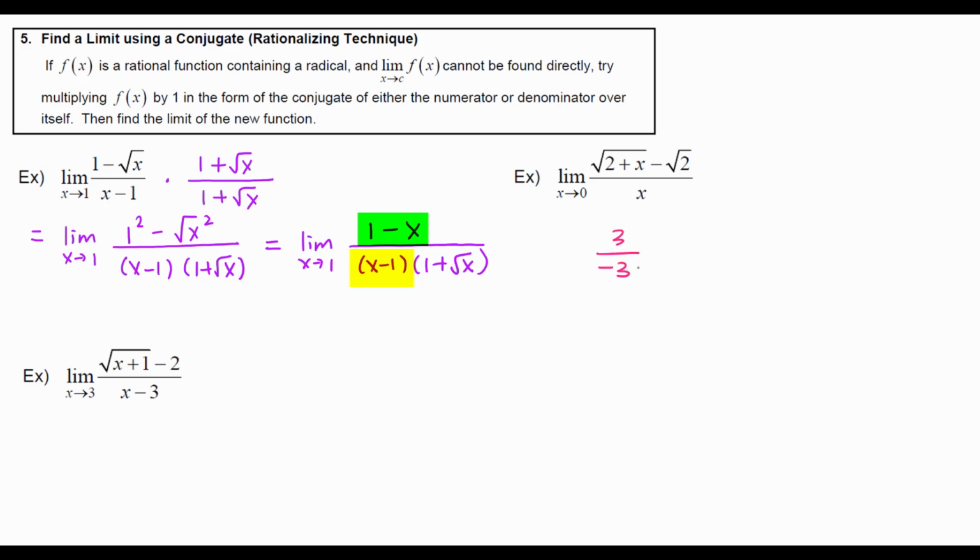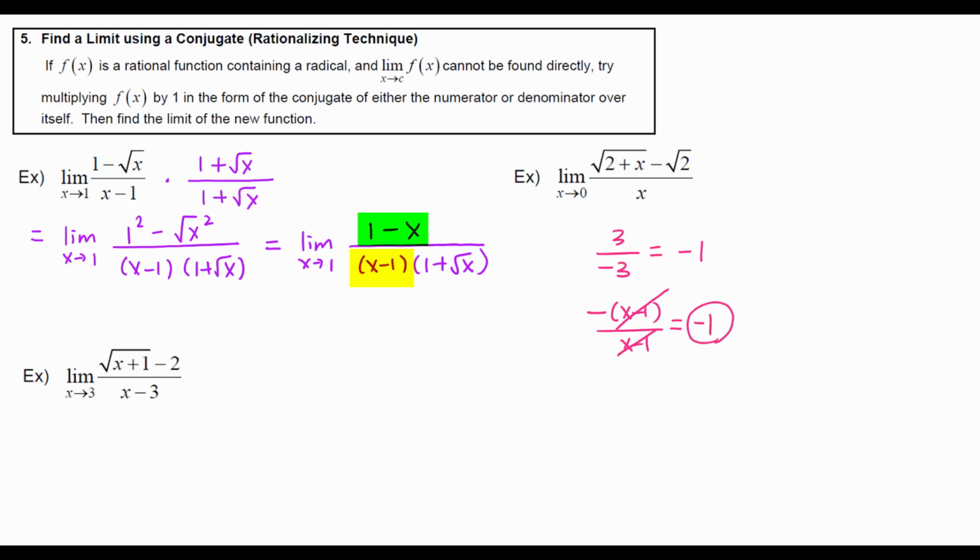Do you leave it like that or do you simplify? Yes, we do simplify and call that negative 1. Same thing. If you have a 1 minus x and x minus 1, they are opposites. If I rewrite the numerator, it is minus x minus 1 over x minus 1. So these do cancel and you will get a factor negative 1.